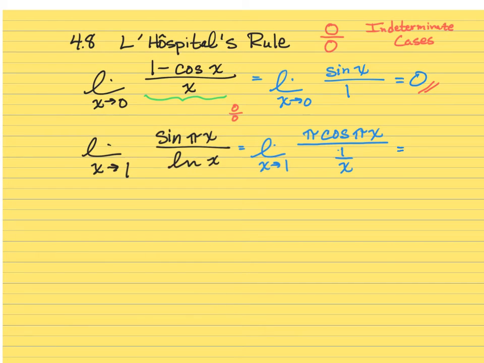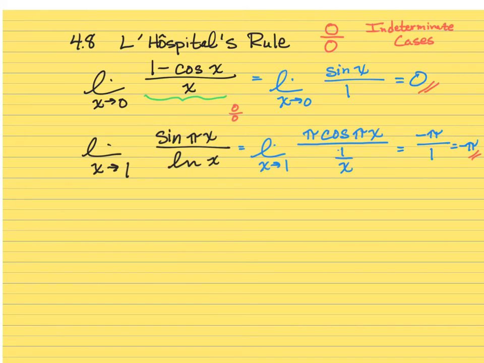You get pi times cosine of pi, and cosine of pi is negative 1. So negative pi is what you get on top, over 1 on the bottom, so just negative pi. And there's the limit. Check it out by looking at the graph of this function, and see that as we approach 1, the graph approaches negative pi. Okay, that's a real slick way to evaluate these limits, using L'Hopital's rule when we get a 0 over 0 case.